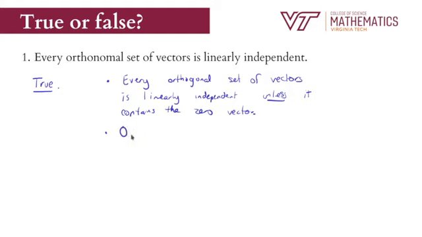But an orthonormal set cannot contain 0, because the 0 vector is not a unit vector.